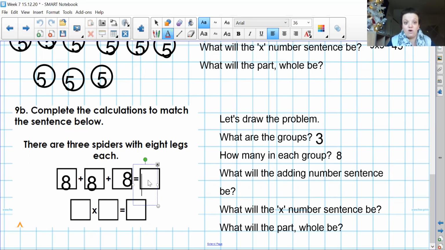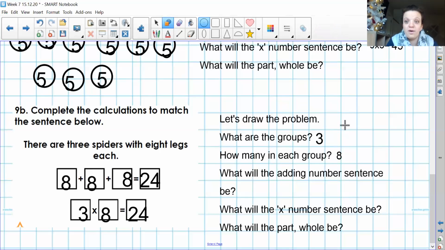There's 3 groups of 8, 3 8s, and altogether they will make 24. And to write that as a times, we've got 3 times 8 equals 24. 3 groups of 8, 3 lots of 8, 3 spiders with 8 legs equals 24.